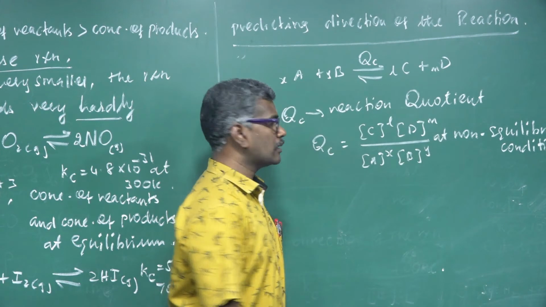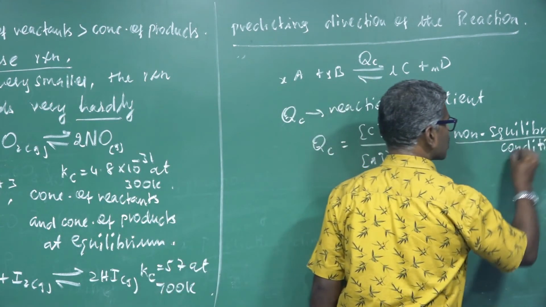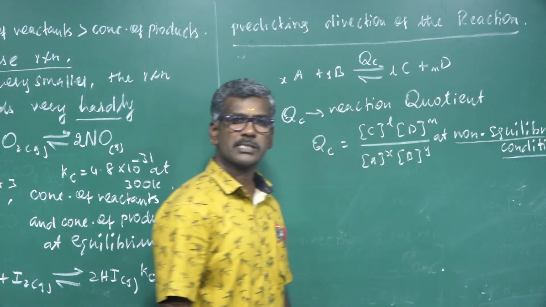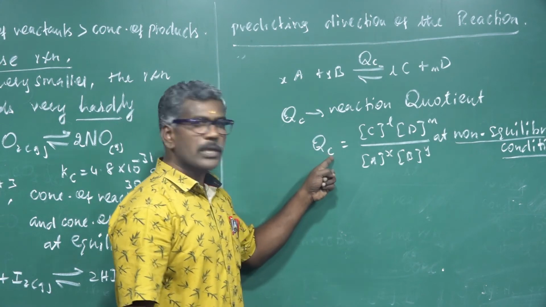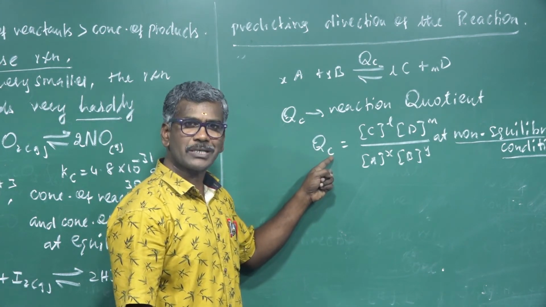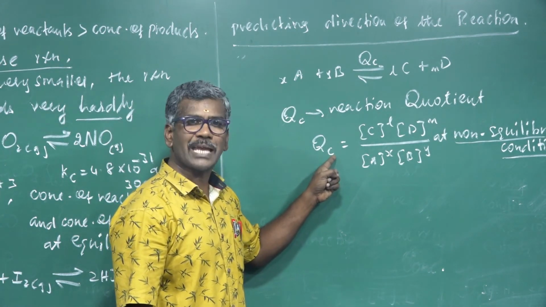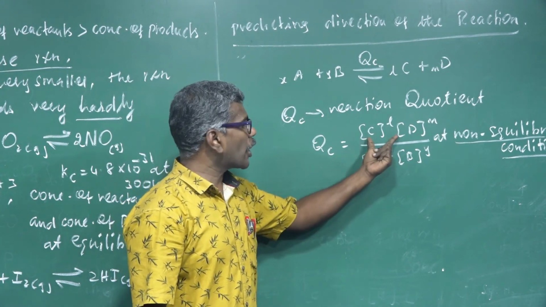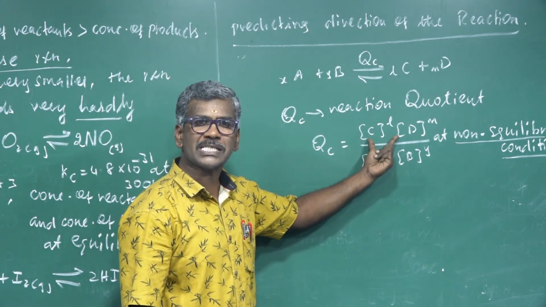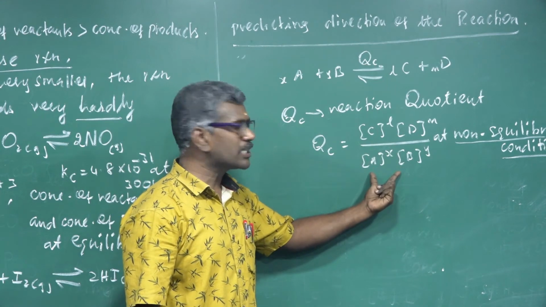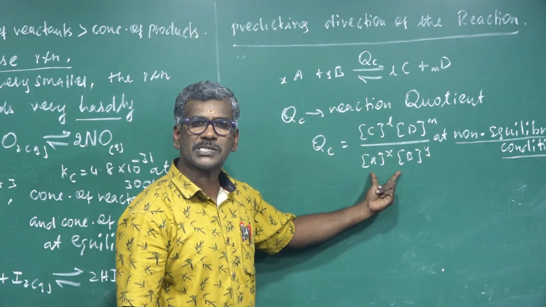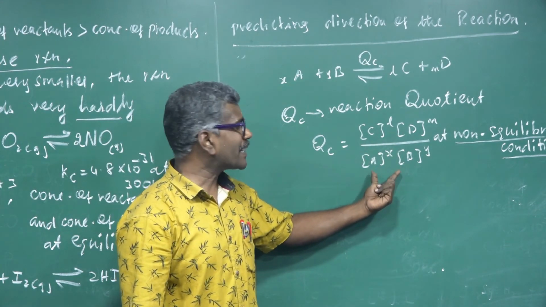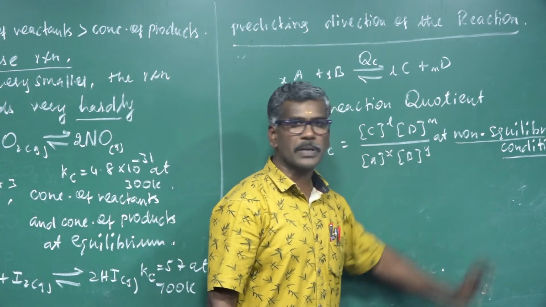Here, non-equilibrium condition is very important. This type of question may be asked for 1 mark. Qc is the reaction quotient. The reaction quotient can be defined as the product of concentration of the products divided by the product of concentration of the reactants, present at non-equilibrium condition.